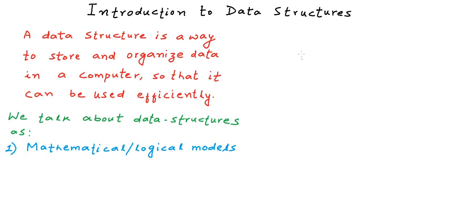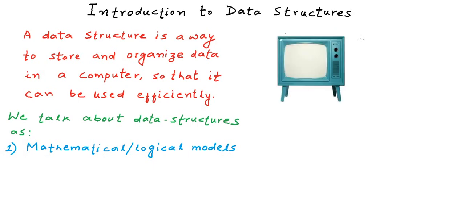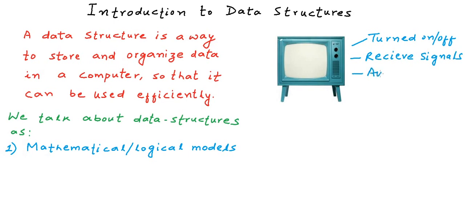Example of abstract view from real world can be the abstract view of a device named television: it is an electrical device that can be turned on and off. It can receive signals for satellite programs and play the audio video of the program. And as long as I have a device like this, I do not bother how circuits are embedded to create this device or which company makes this device. So this is an abstract view.